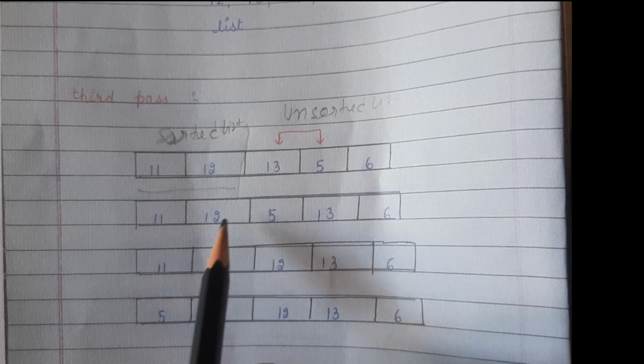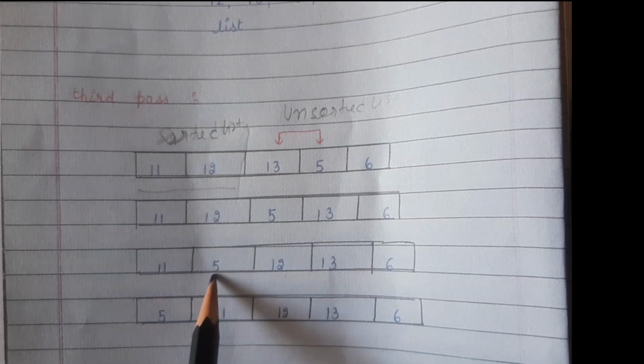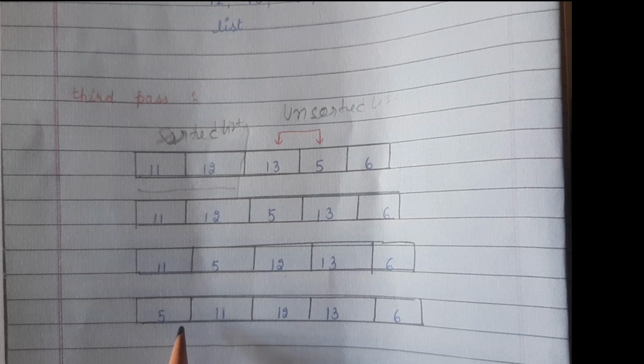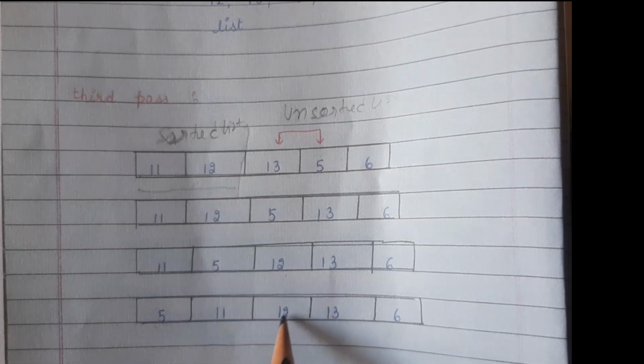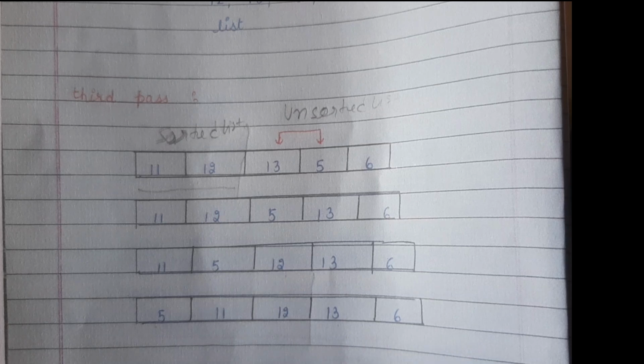After this, 5 is compared with 12, so 12 and 5 are interchanged. After this, 5 and 11 are compared and the numbers are swapped. And after completing the third pass, 5, 11 and 12 are in the sorted list and 13 and 6 are in the unsorted list.